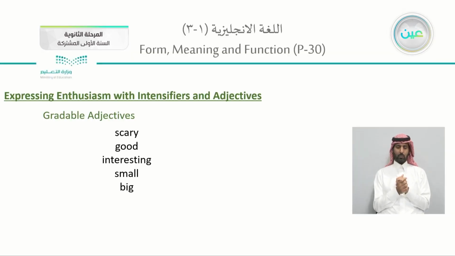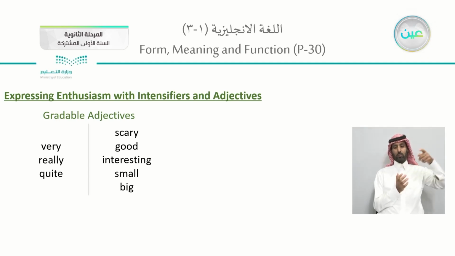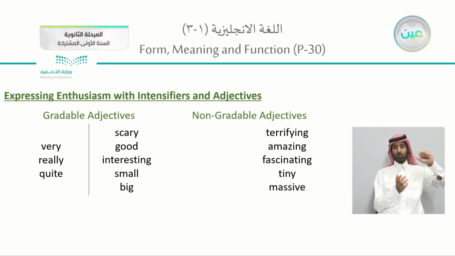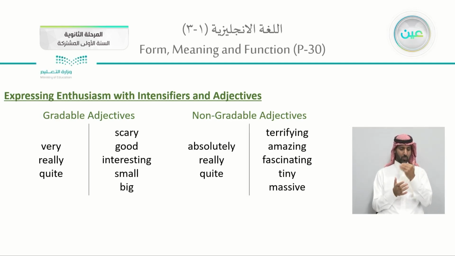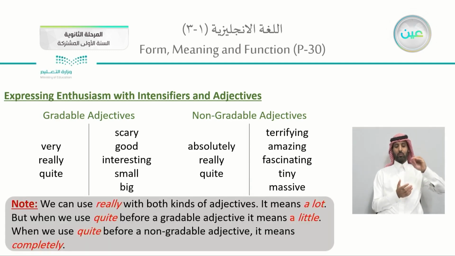Gradable adjectives like scary, good, interesting, small, and big, you can describe using very, really, and quite. And then ungradable adjectives like terrific, amazing, fascinating, tiny, and massive, you can use the intensifiers absolutely, really, and quite.